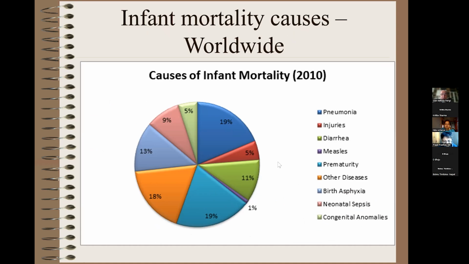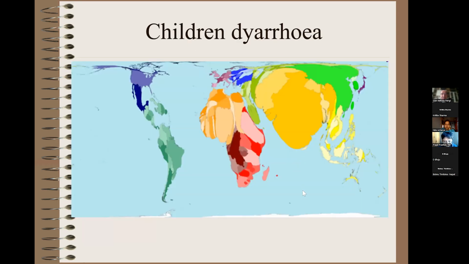If you don't treat properly a child with diarrhea, he can die of it. This is, for example, the incidence of children diarrhea around the world. As you see, also in Europe, in the USA, in Mexico, all over the world, children do have diarrhea. It is a normal pathology for a baby.